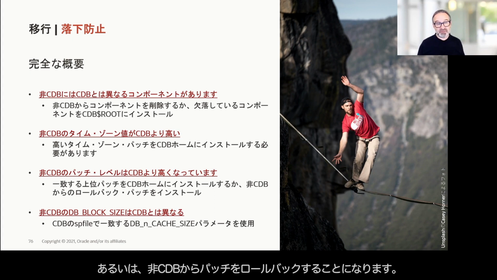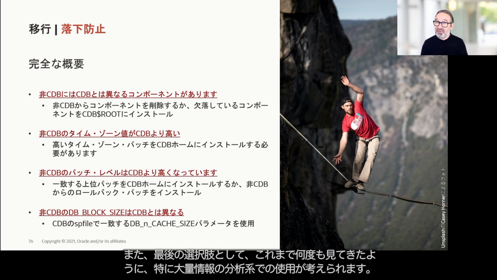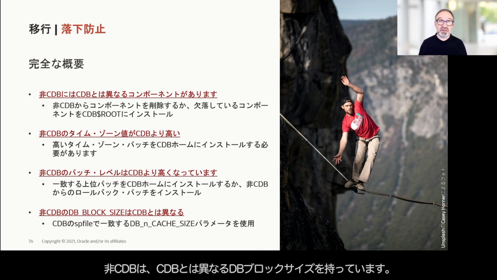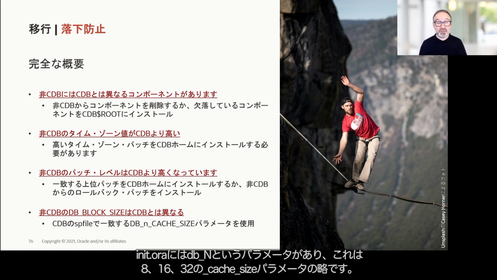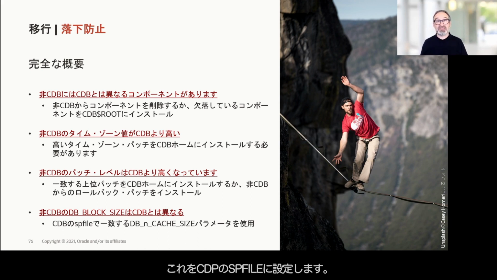from the non-CDB. Or last option here, what we saw also several times already, especially in warehouse environments now, the non-CDB has a different DB block size than the CDB. And this could initially cause really trouble, but there's also a simple workaround. There's an init.ora parameter, DB_nK_CACHE_SIZE, where n stands for 8, 16, 32, and you set this in the CDB's SPFILE.